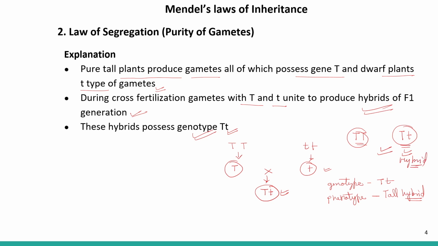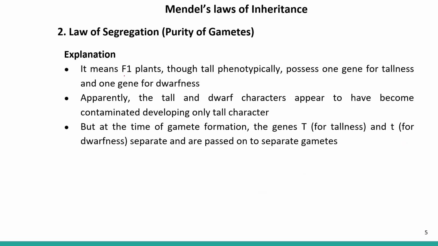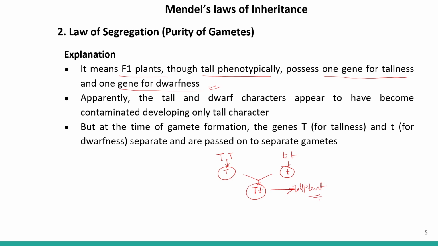Okay. Next, the F1 plants, though tall phenotypically, possess one gene for the tallness and one gene for the dwarfness, right? So capital T, small t will give capital T gametes and small t gametes. They unite together, fertilization takes place, and capital T, small t type of tall plant will be formed, and this is hybrid.